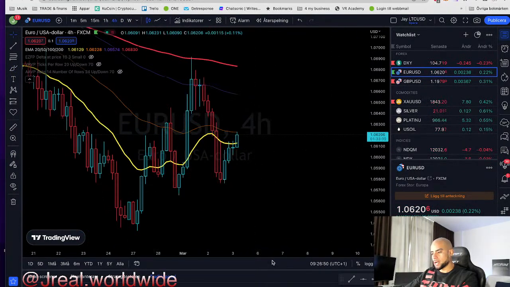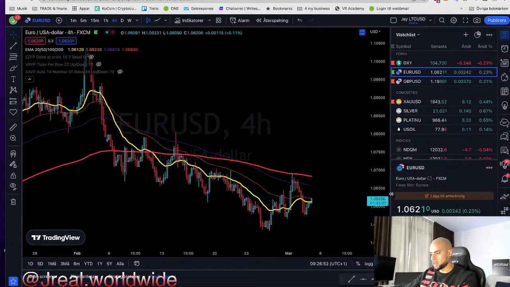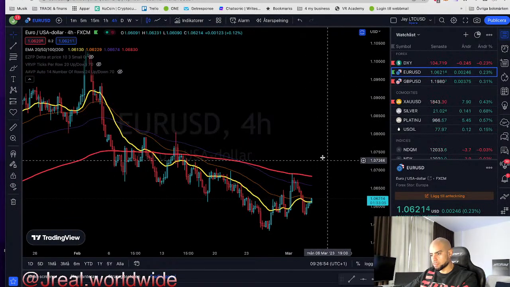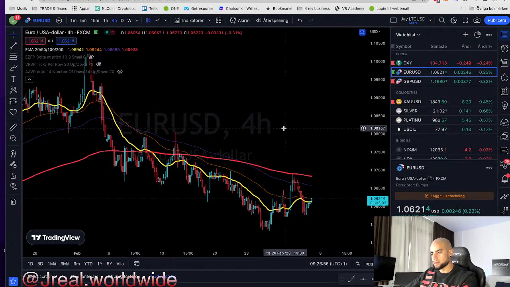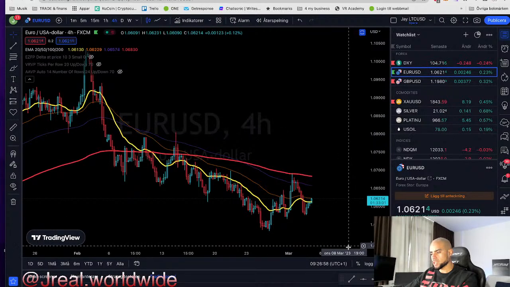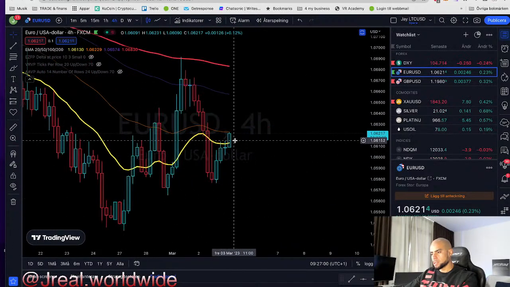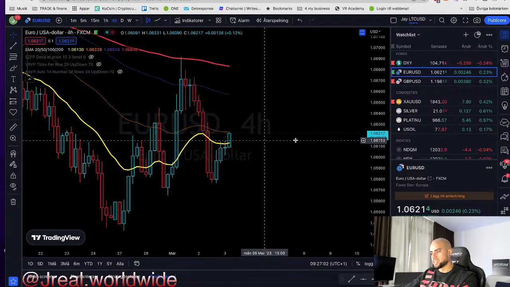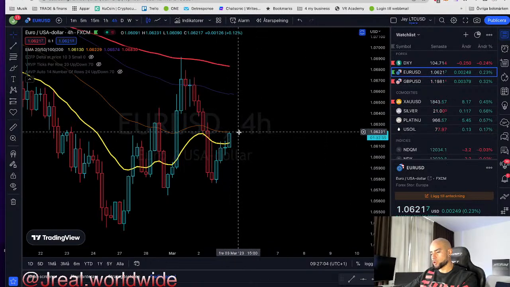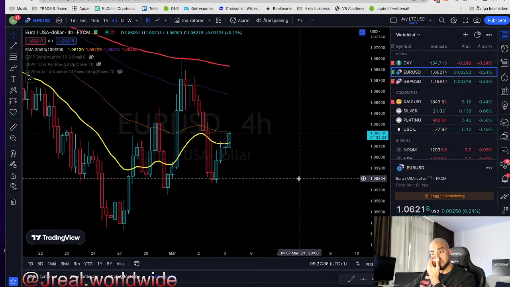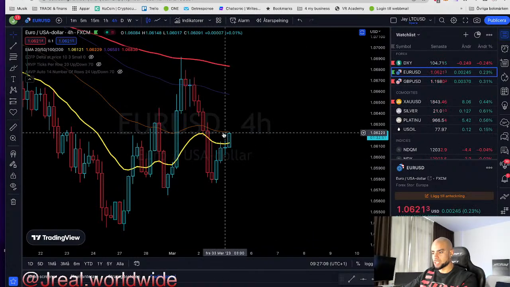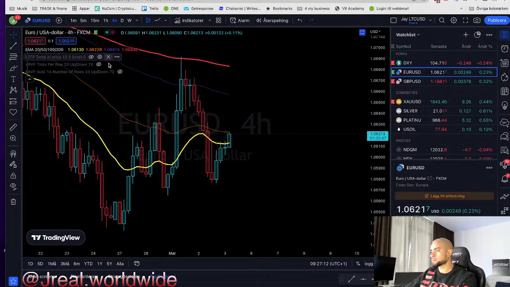On the 4-hourly time frame, I haven't looked at Euro USD for a while now, so it's going to be interesting to see what's going on here. Okay, so we just broke above the 20-day EMA, and let's see if it holds, because it's rejecting the 100-day EMA right now as resistance. So let's see if that holds.